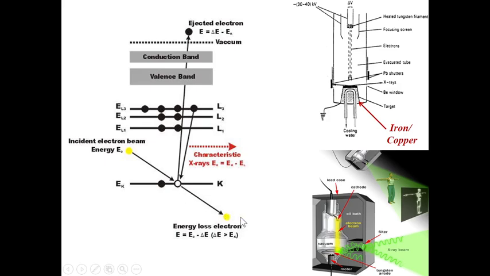When the core electron is ejected, a higher energy level electron comes down to its position. Whatever energy it has to release outside will be your X-ray, with a wavelength in the range of X-ray.